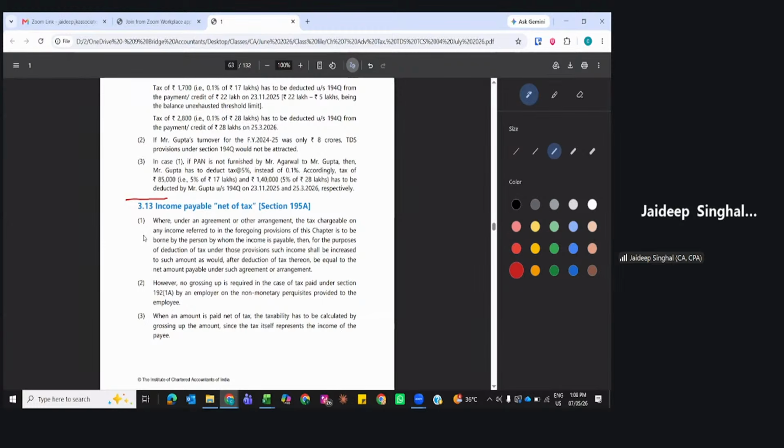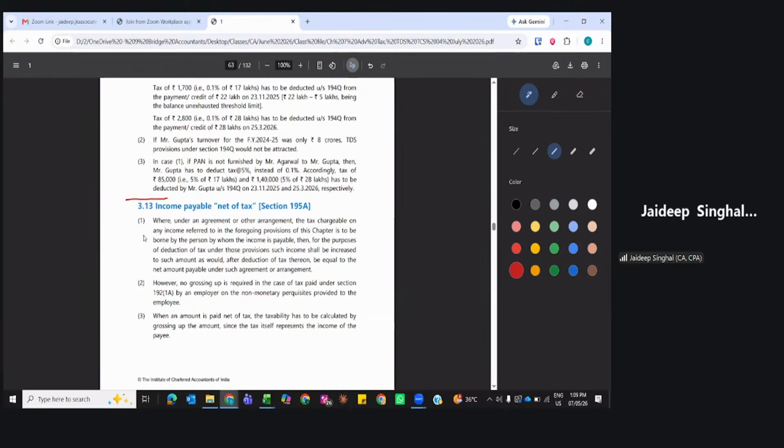Sections are many. The government has introduced new sections again and again in the Finance Act, and the TDS concept has become so big now. Earlier, the concept was not so big.